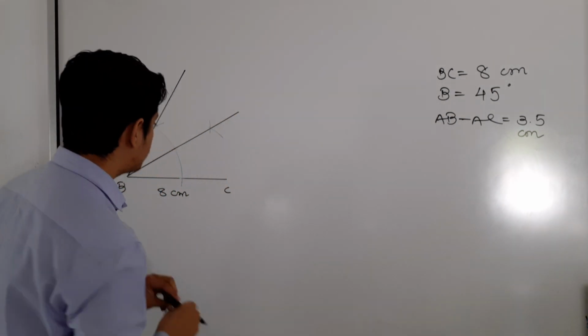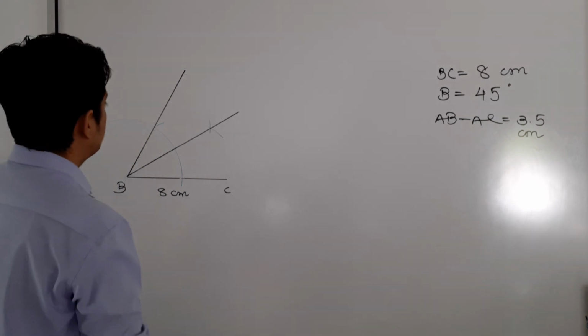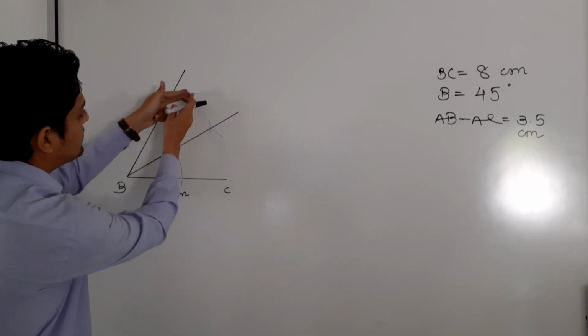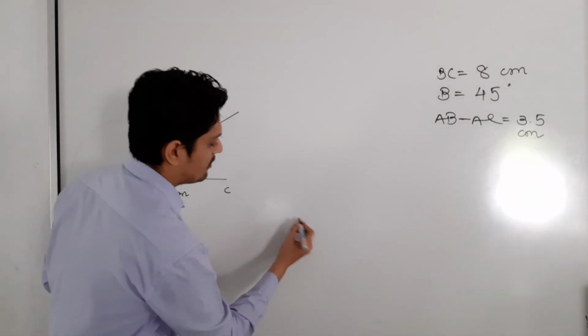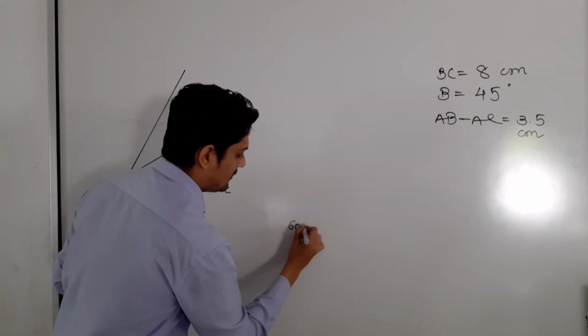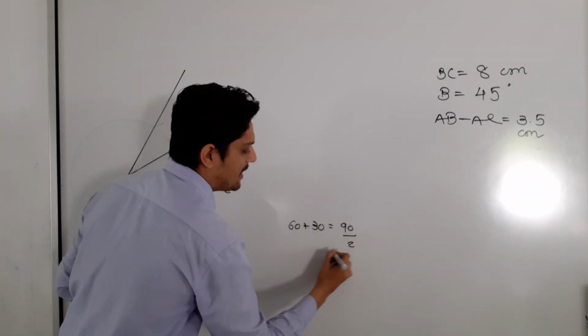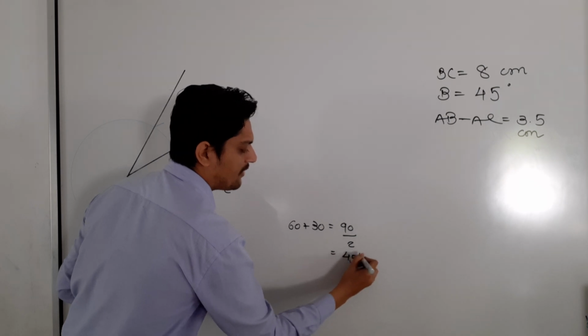So again we have to draw its bisector. Between 60 and 30, its bisector gives us 45. Why? Because 60 plus 30 is equal to 90, and 90 by 2 is 45 degrees.